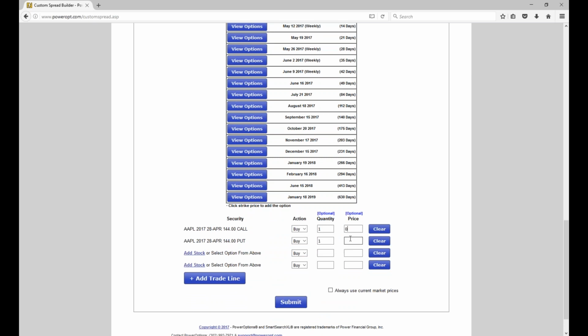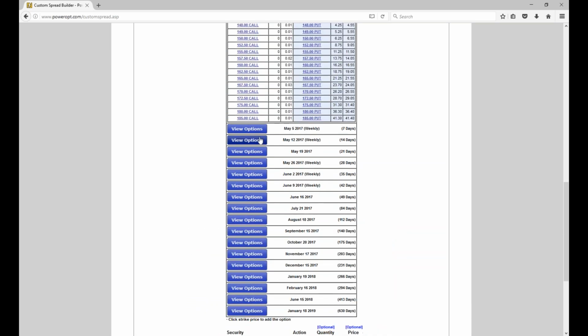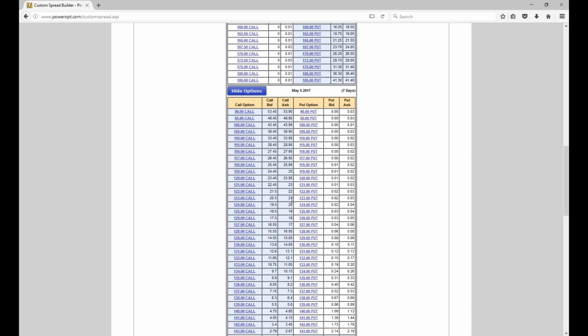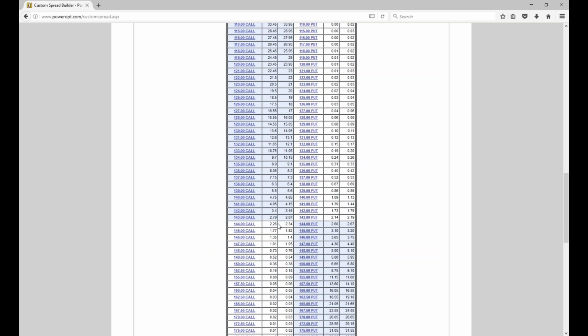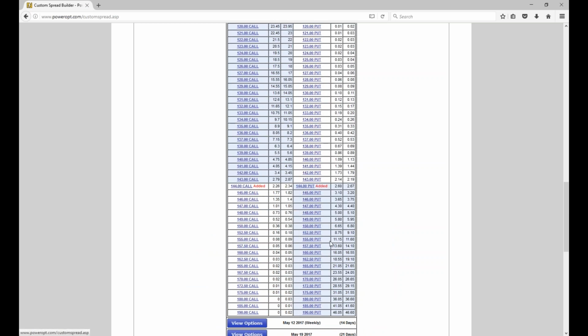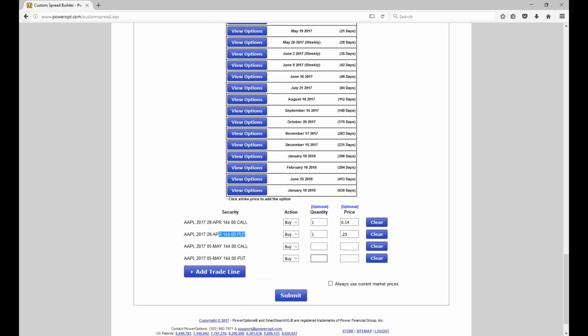I believe the prices were around 14 cents here and about 25 cents here for the 144 put when he sent the trade, and the 144 call. And then 1 month out, with earnings I think coming out on May 2nd or 4th, sometime next week before Friday, I hadn't looked it up earlier, but I've got 3 other trades that have earnings on the 2nd and 3rd, so I forgot which one is which. We were selling a 144 call and a 144 put.